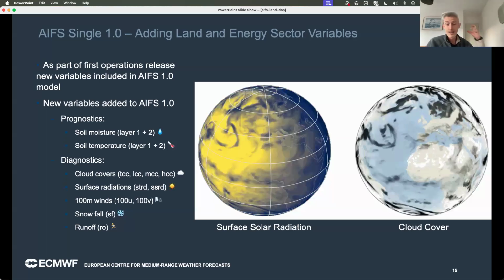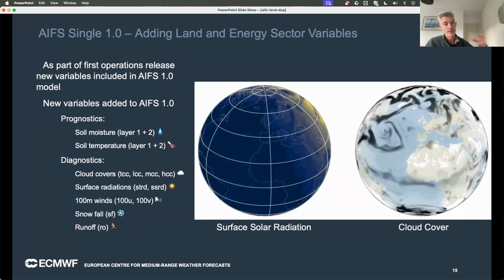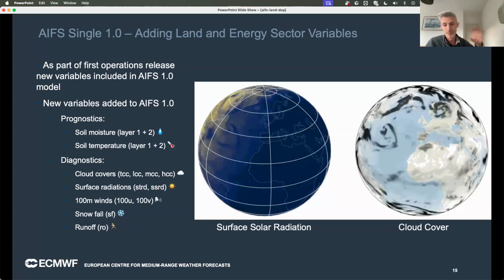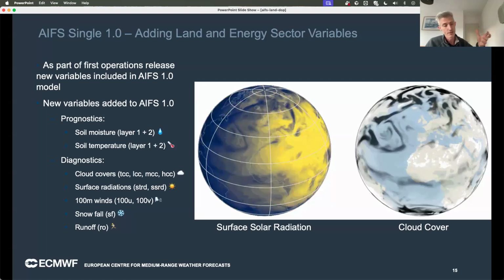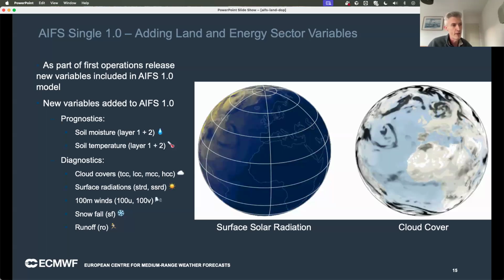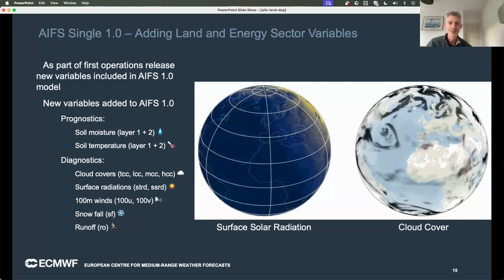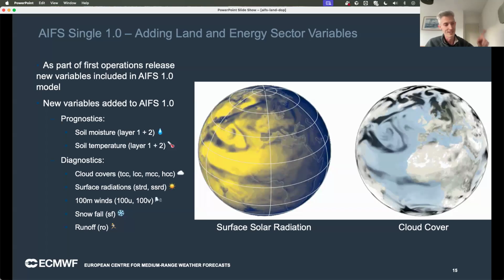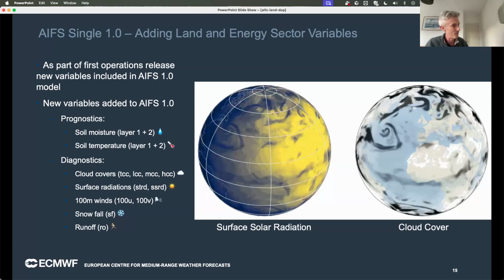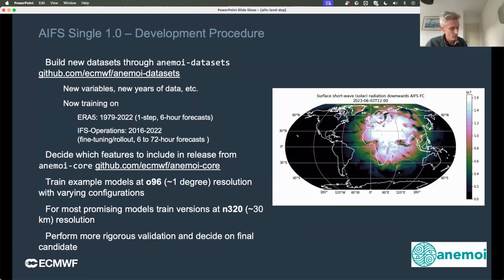So clearly the model has developed a kind of consistent physical representation of cloud, and this is true for other variables as well. And we'll talk about some cases where maybe it's not necessarily done that in a very good way in a minute.